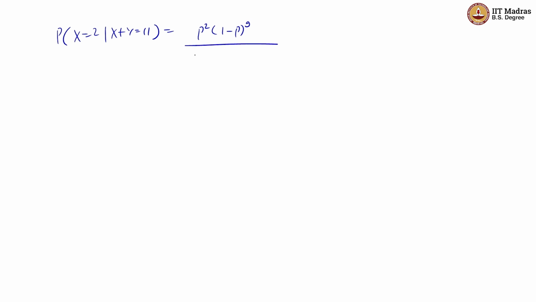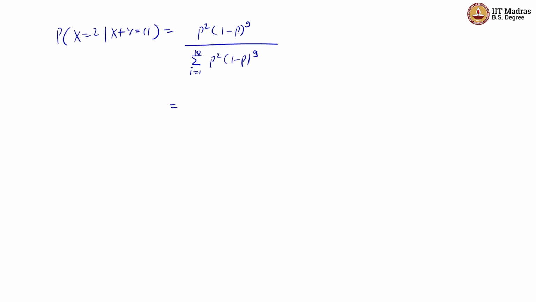divided by summation i from 1 to 10. Inside the summation we have p square into 1 minus p raised to the power 9. So on further simplification we can take out the constant from the summation.